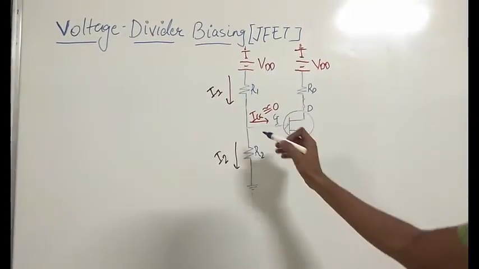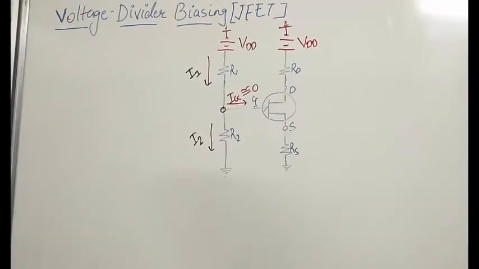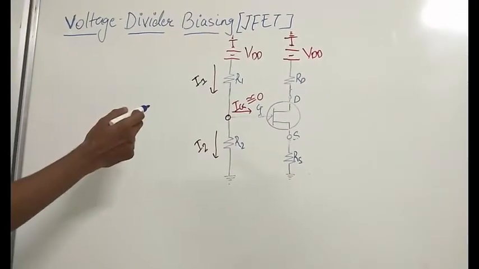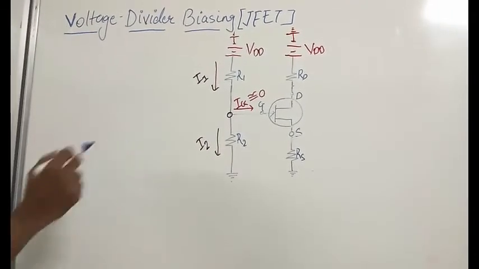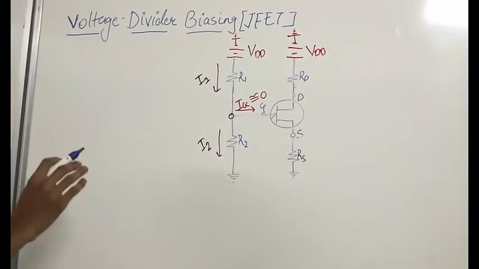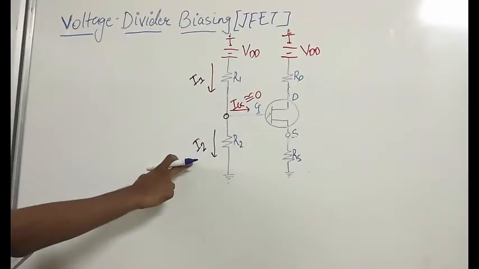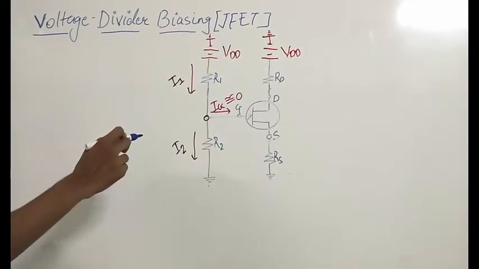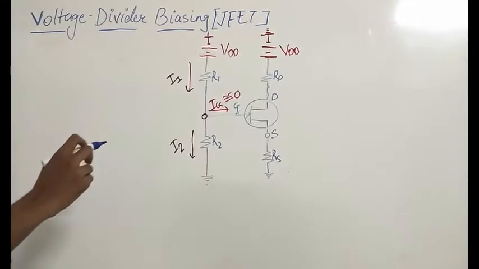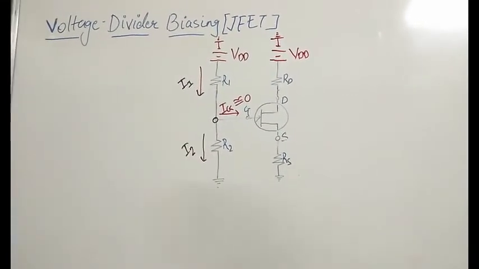Now applying KCL at this node, the sum of incoming current is equal to the sum of outgoing current. In our case we have three currents, I1, IG and I2. I1 is the only incoming current, and IG and I2 are both outgoing currents.